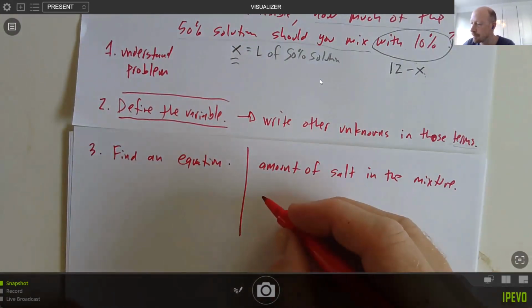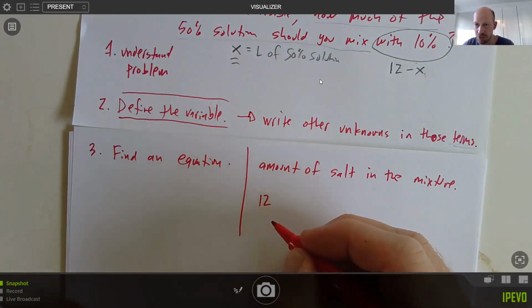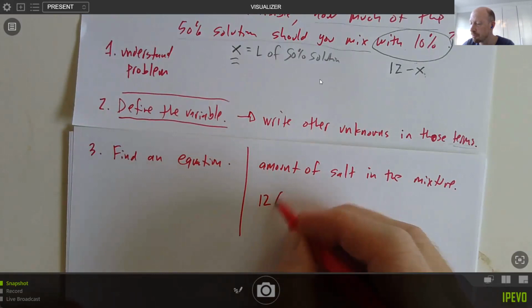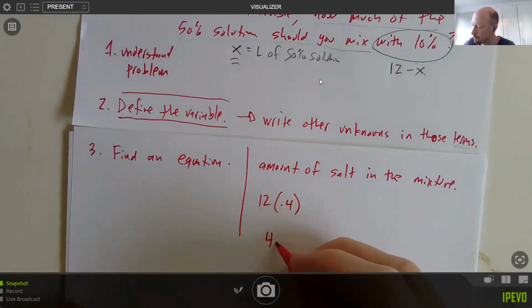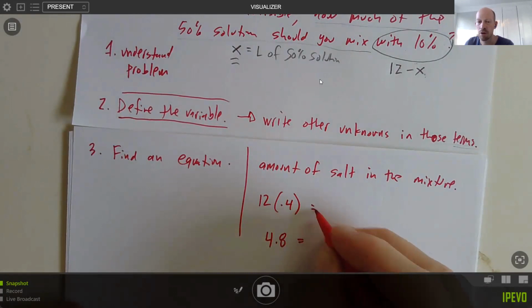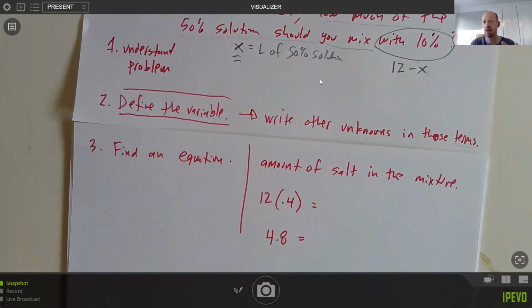So in our final mixture, we have 12 liters of mixture, but only 40% of that is salt because it's a 40% mixture. So 12 liters times 40% is 4.8. So that's how much salt I have in my final mixture. And that amount of salt has to come from my other two mixtures.